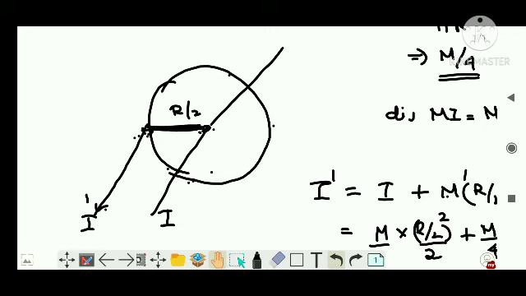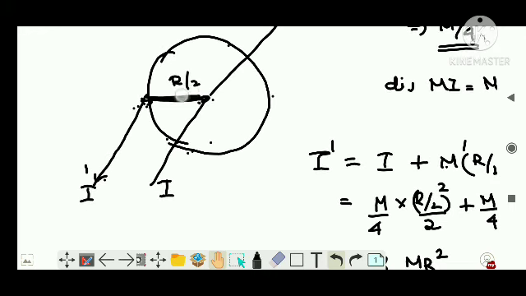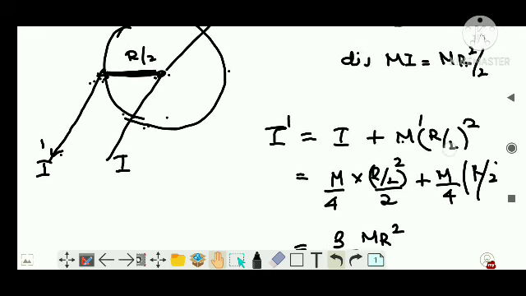You are asked the moment of inertia about a tangent, so these two are parallel. Applying the parallel axis theorem, unknown moment of inertia I dash is equal to known moment of inertia plus m into r square, or the distance between these two, which is r by 2 whole square. Now m dash into r by 2 whole square. Now I, that is the moment of inertia of the removed disk, is mass of the removed disk into radius by 2 square. Clear? You just substitute the value.